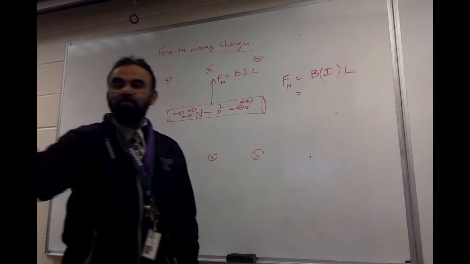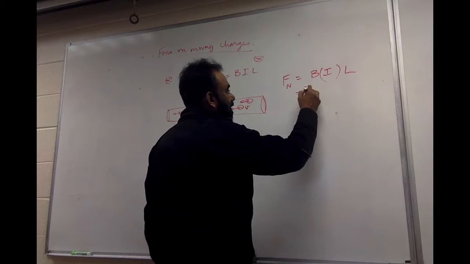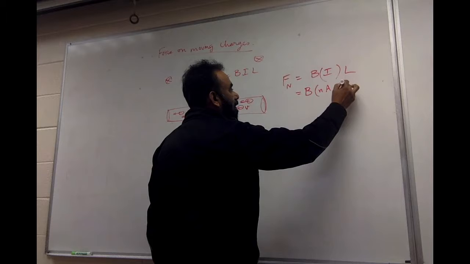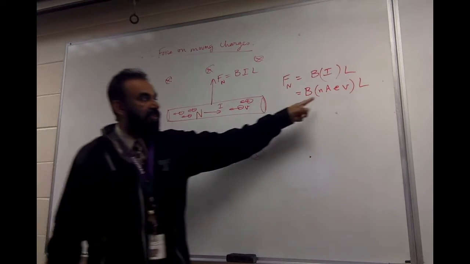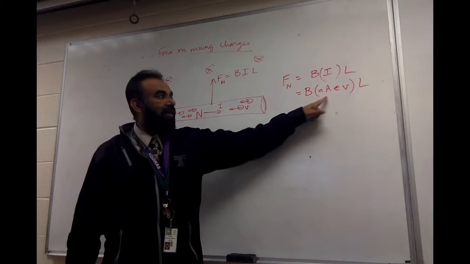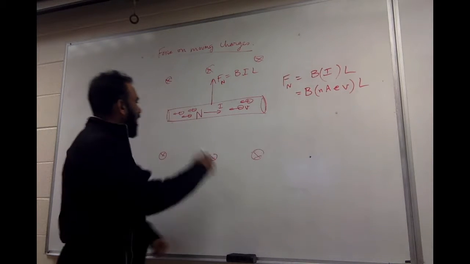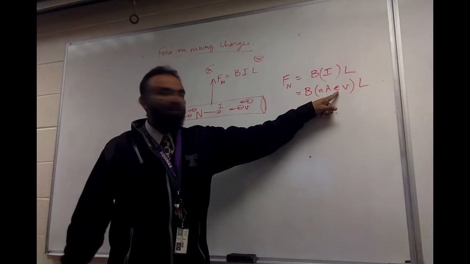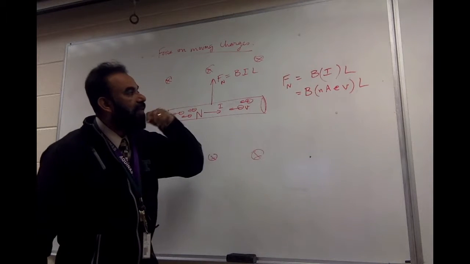If you switch your pages backwards, you will see the equation for drift current: I = nAev. We have already seen it before. A is the area of cross section of this wire, e is the charge of the electron, v is the drift speed, how fast it's moving.